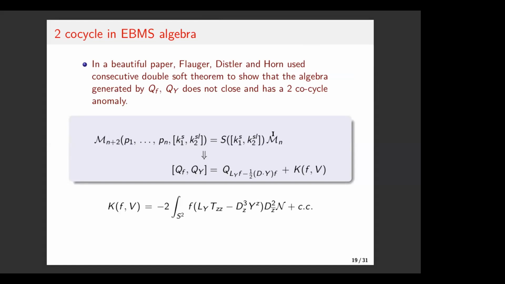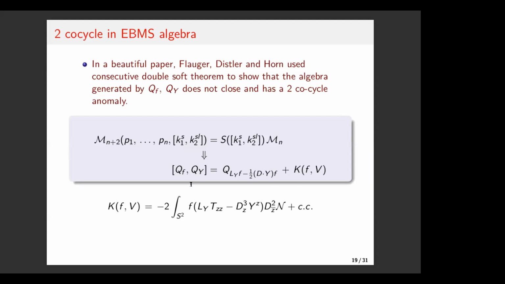If you want to repeat the Flauger analysis, the equation that I've shown here in this box will tell us that the commutator of the consecutive double soft theorems is equivalent to not the commutator of the two charges, but that plus an extra term. And that term would cancel this central extension.